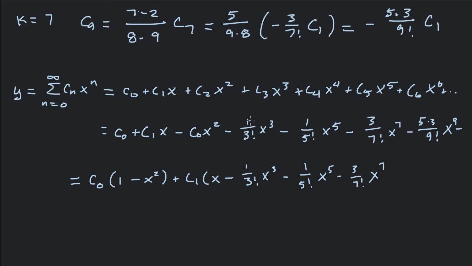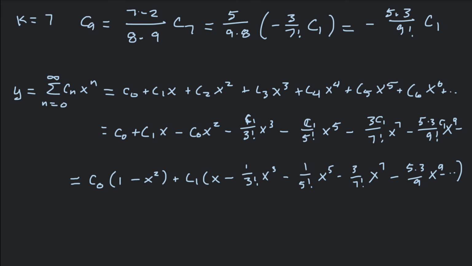Let's see, these should have all had a C1, sorry. C1 on each of those terms. Minus 5 times 3 over 9 factorial x to the 9. And so we keep going.